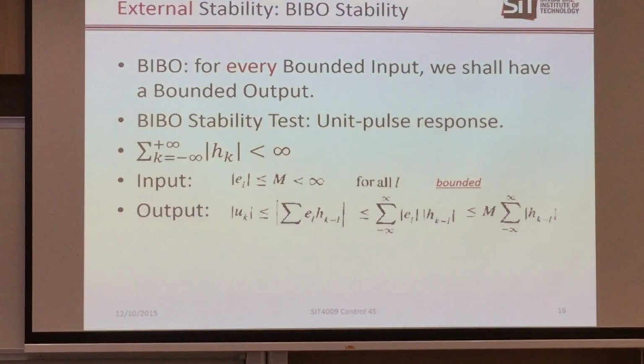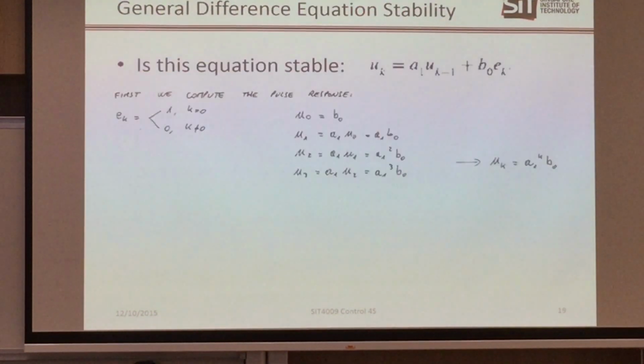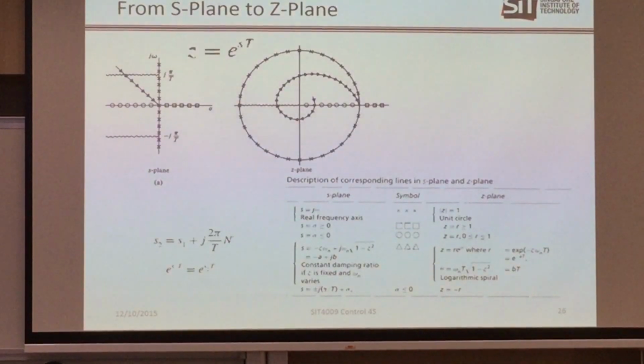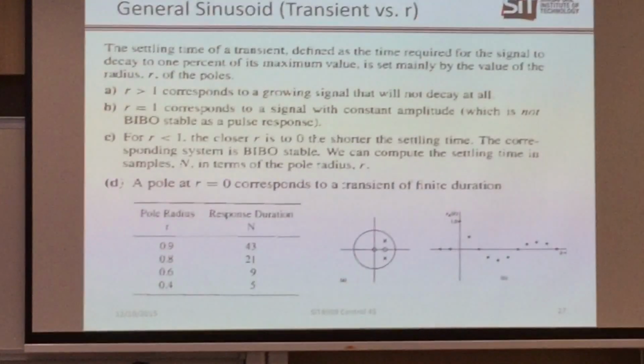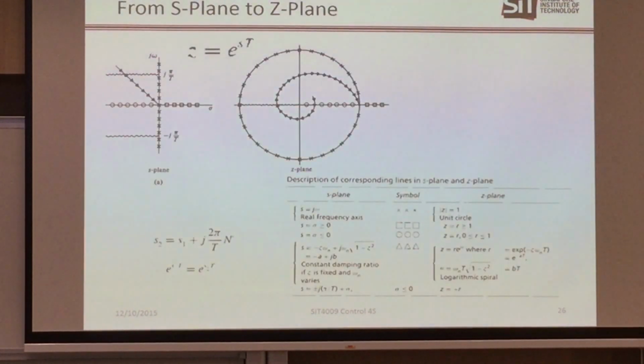But when you evaluate this output signal, for all those features we're talking about output. Because just now, the transient response, what we are talking about is the output signal.